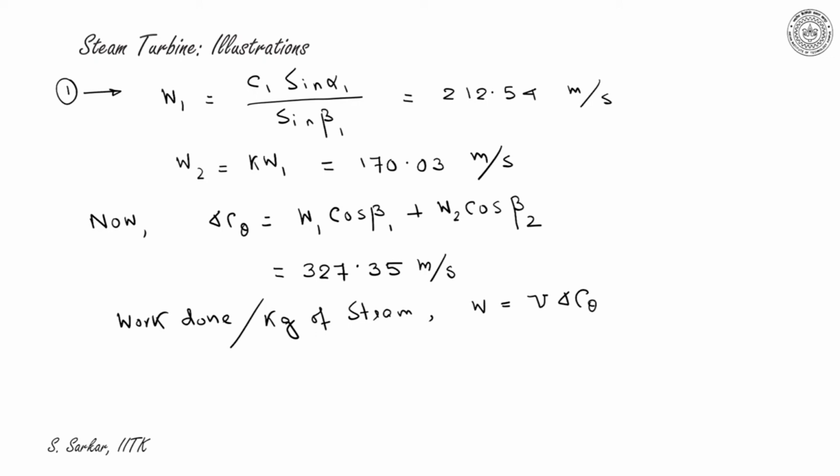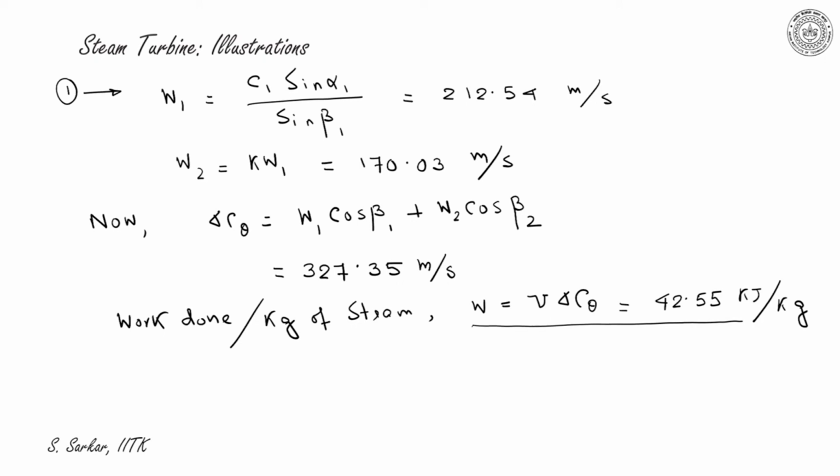I have calculated the value of del C theta as 327.35. You know the value of U as 130. If you multiply both, you will get W as 42.55 kilojoules per kg. So I got the work done per kg of steam for a stage.